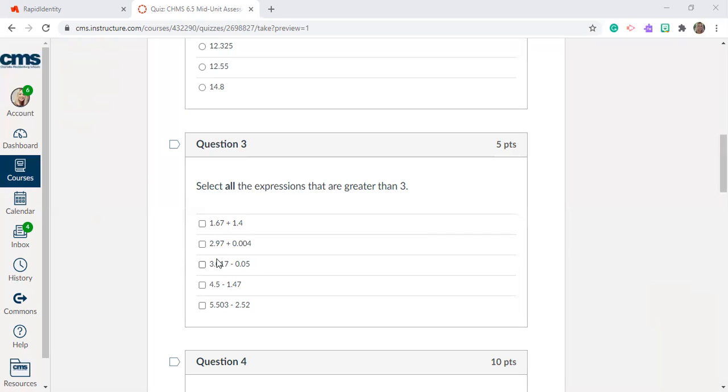The second one is 2 and 97 hundredths plus 4 thousandths. The third one is 3 and 17 thousandths minus 5 hundredths.